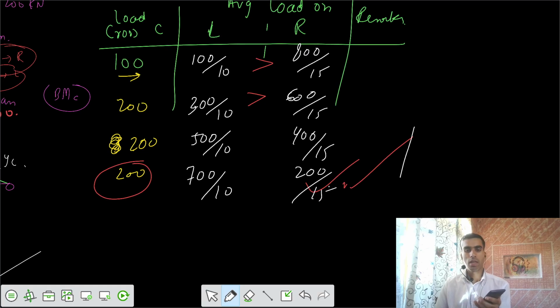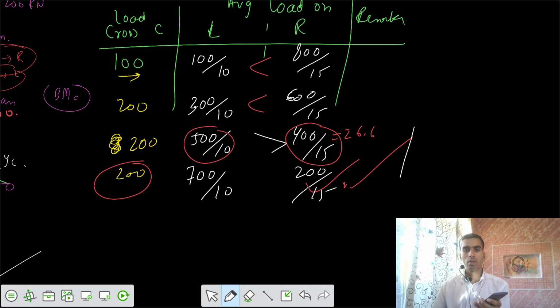So that means 53. So the direction is not correct. So the direction should be in this way. This is also greater. And 400 by 15 is 26.6, and from the other side we have 50. So I would say there is a change of sign here, on the third value of 200.